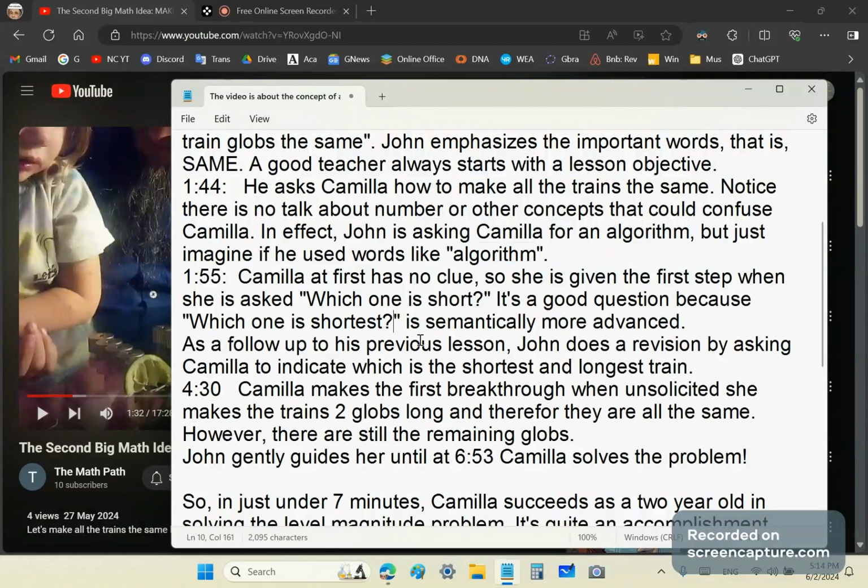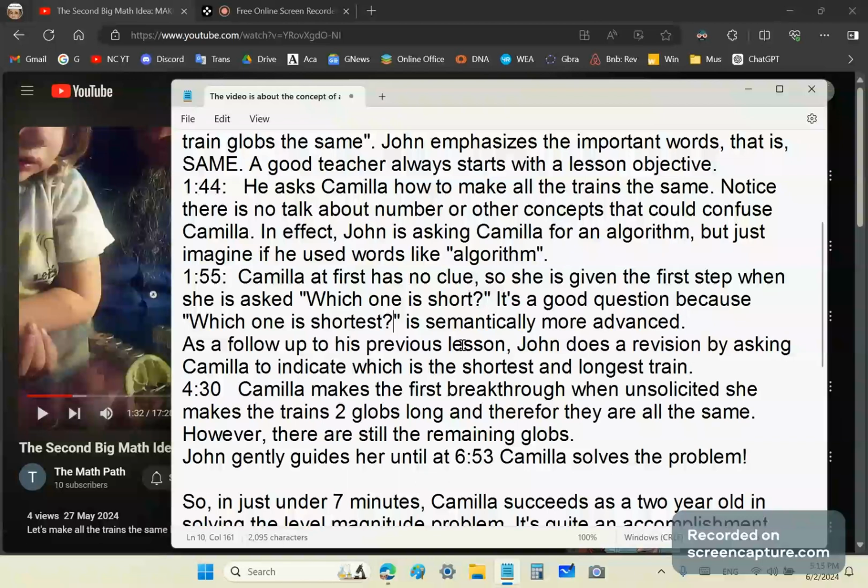She points to one which is not the longest, but then she eventually gets it right and points to the shortest one. Because he says, is that shorter than this one? So basically, it guides her through the algorithm, letting her draw her own conclusions.